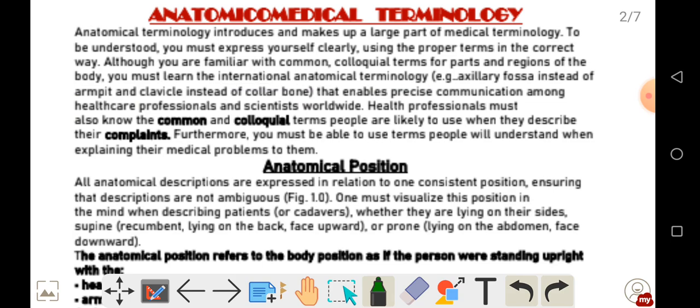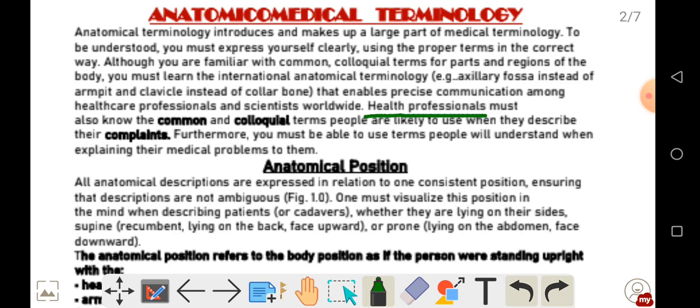These anatomical terms are very important because they enable precise communication among healthcare professionals and scientists worldwide. So it is important that we learn this anatomical medical terminology.